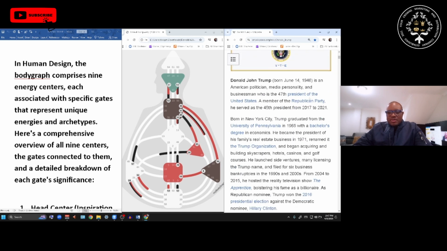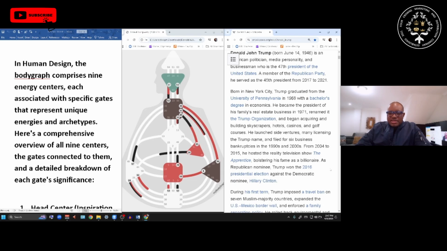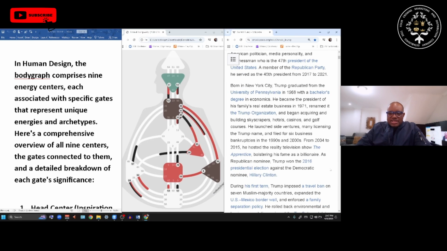Donald John Trump was born June 14th, 1946. He's an American politician, and he was the 45th and the 47th President of the United States under the Republican Party. He was born in New York City. Trump graduated from the University of Pennsylvania and became the president of his family's real estate business.